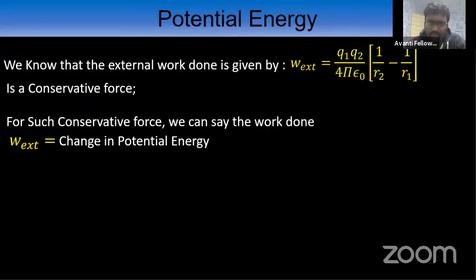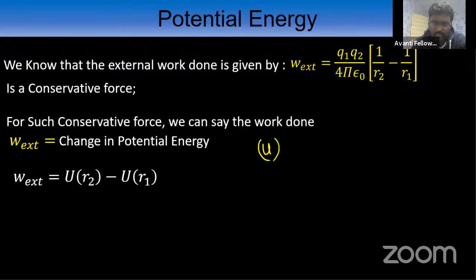So we can write that the external work done, W external, equals the change in potential energy. Potential energy is denoted by capital U, as you remember from 11th.